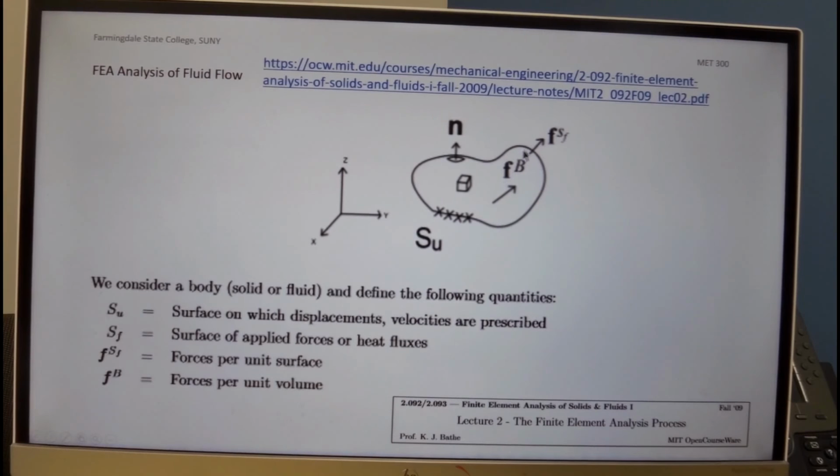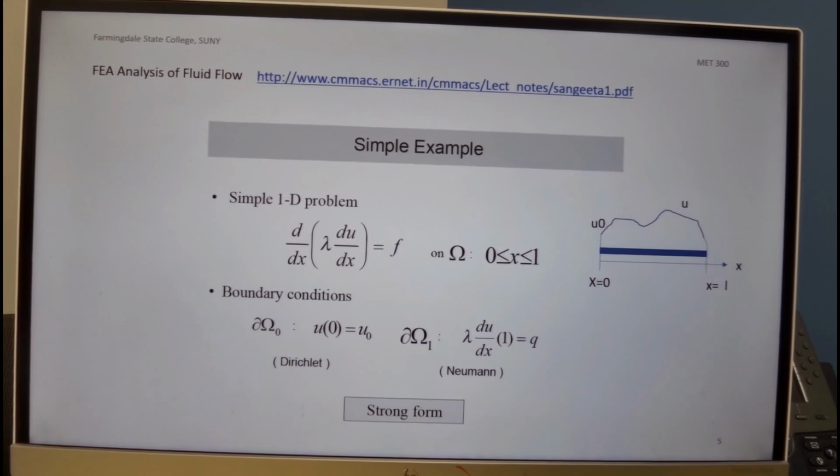There could be surface boundary conditions. There could be normal to the surface boundary condition, internal forces, or unknown variables and their derivatives on the periphery. The example that we'll take a look at is similar to what we saw before, a second order partial differential equation.